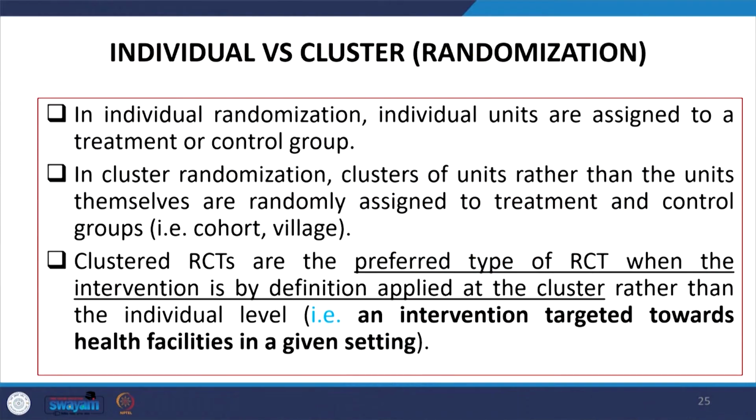If it is lower than the community level, then it might not find the randomization appropriate. Then individual versus clusters: in individual randomization, individual units are assigned to a treatment or control group. In cluster randomization, clusters of units rather than the units themselves are randomly assigned to a treatment or control group.